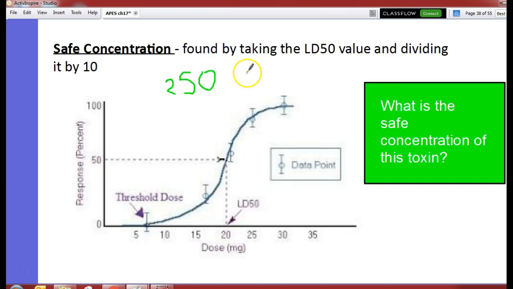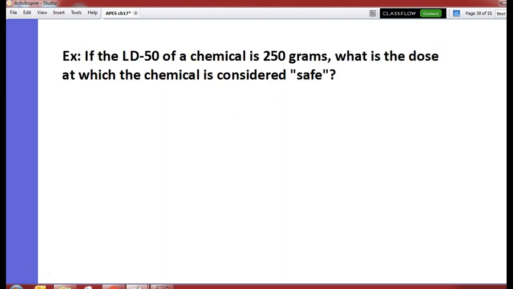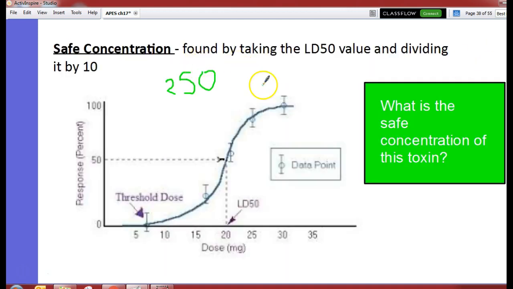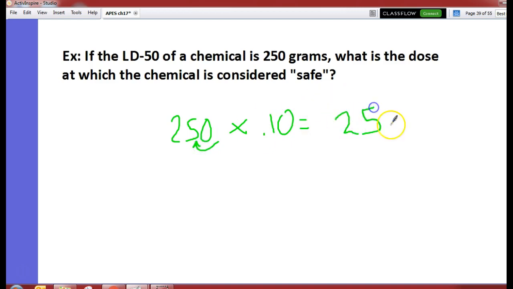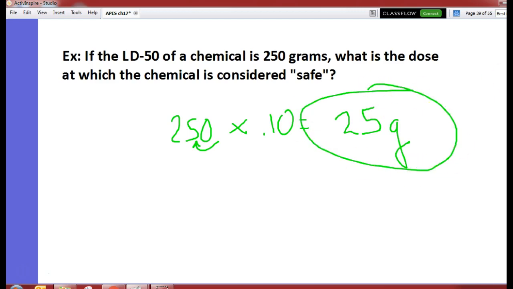If the LD50 of a chemical is 250, what is the dose at which the chemical is considered safe? Okay? So if we go to that question, if it's 250, all we have to do is take 250 times 10%. Remember, if it's times 10%, we just move the decimal over 1. So at what dose? 25 grams.